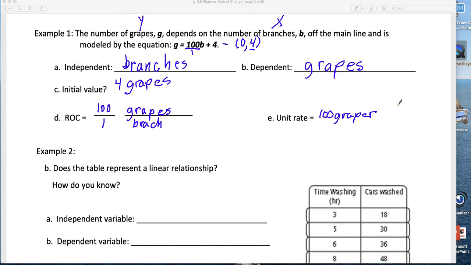And we've used per a lot. Let's go ahead and say for every branch, just to change things up. That should not be graper, that should be grapes. 100 grapes for every branch.